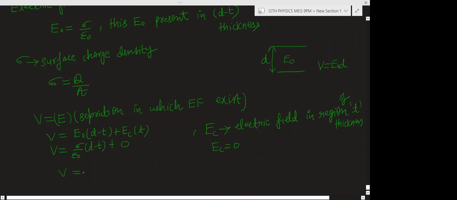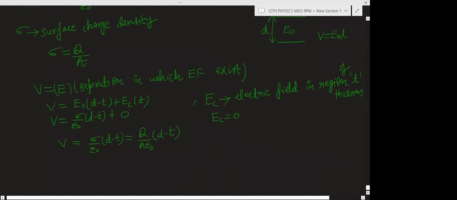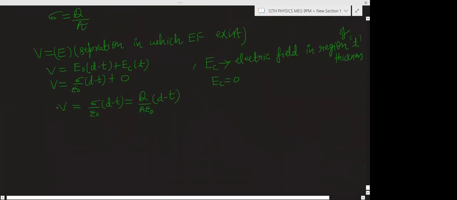So we have V is equal to sigma by epsilon naught into d minus t, and sigma is Q by A, so V is Q by A epsilon naught into d minus t. So we have the potential now. Can I calculate capacitance?